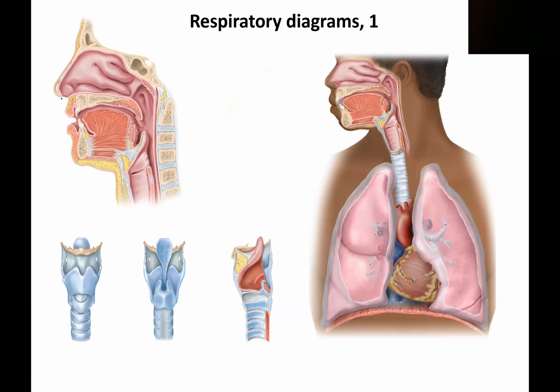All right, so the external nares are the two openings here. So this would be an external nares. The nasal vestibule is this area here. Then you have the three conchi or three turbinates, and I don't care which ones you use.